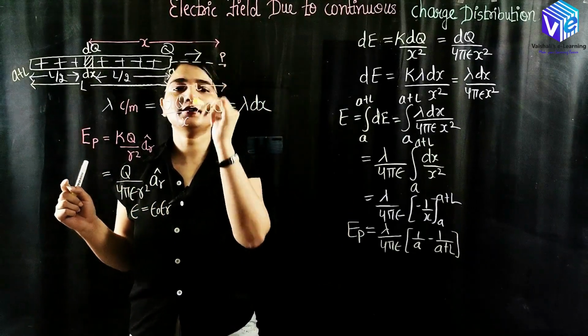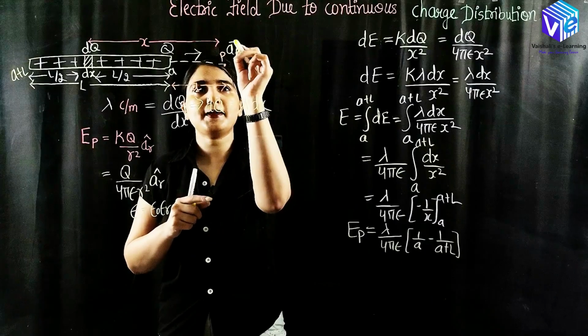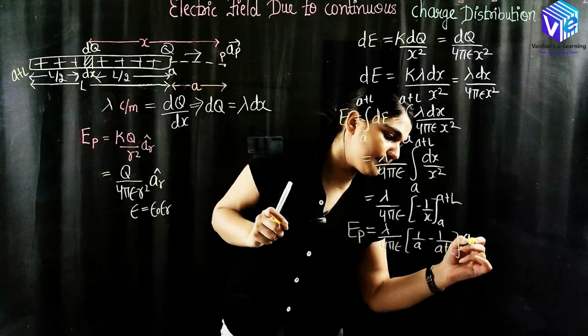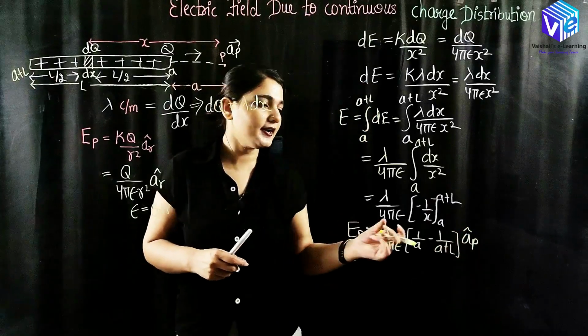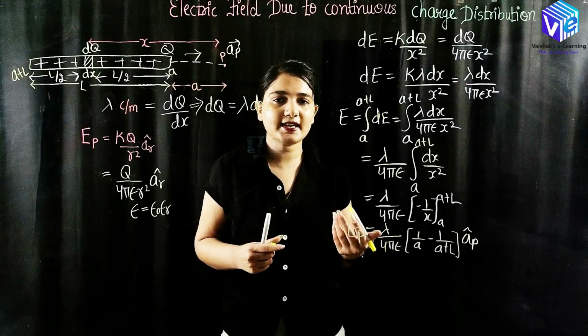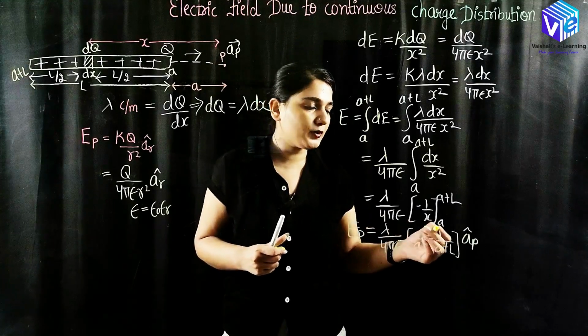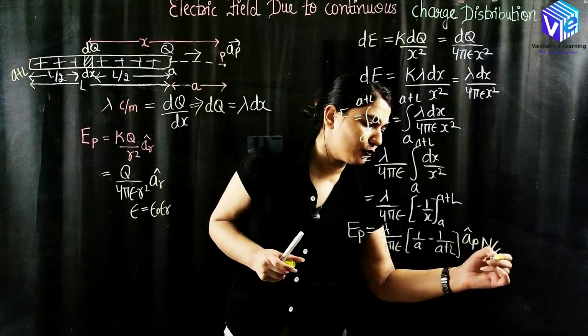The direction is along this axis. So if I represent a unit vector AP cap along this axis, I will represent the direction as AP cap. The unit of E at P will be Newton per coulomb.